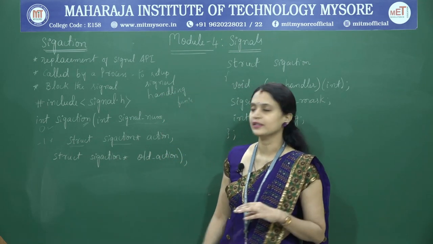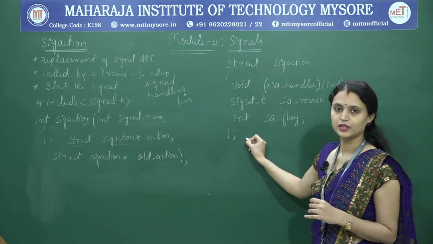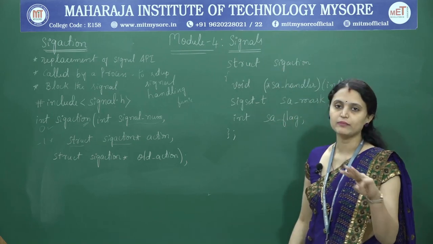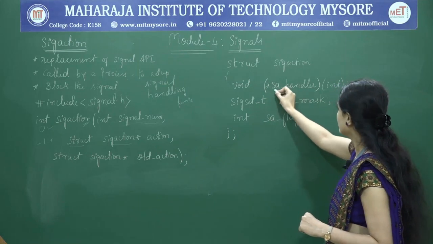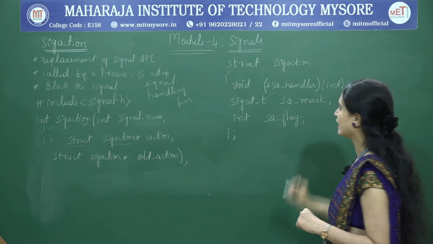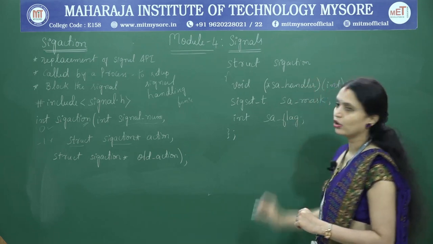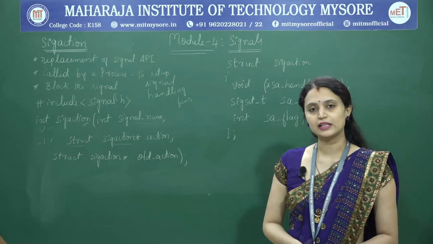This structure is defined under signal.h and this is the structure, okay. So struct sigaction has 3 members or 3 variables. First one sa_handler, then sa_mask, and then sa_flag. The first member is similar to the second argument of the signal API.